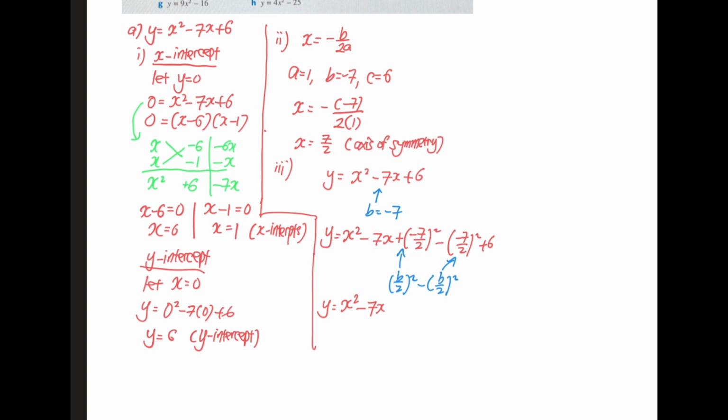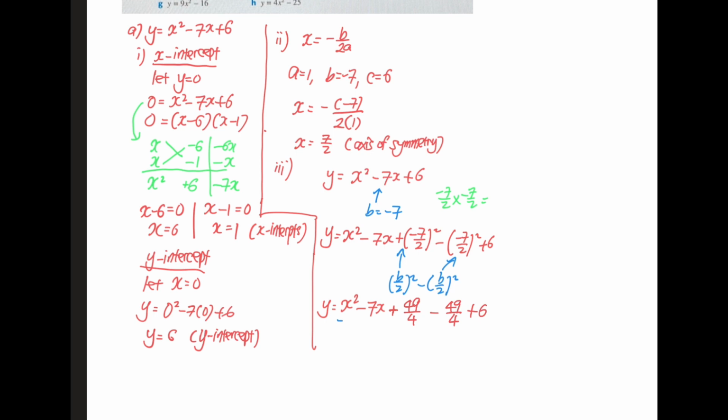The third term is minus 7 over 2 squared, so minus 7 over 2 times minus 7 over 2. Minus 7 times minus 7 gives positive 49, and at the bottom 2 times 2 gives 4. So we have 49 over 4 minus 49 over 4 plus 6.